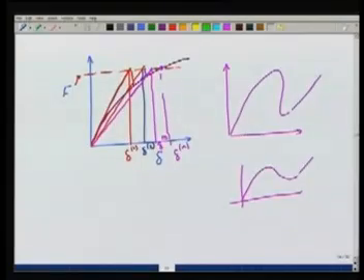Next, let's look at how to take care of this anomaly, how to improve the rate of convergence here. So let's go back and make the picture on a bigger scale.